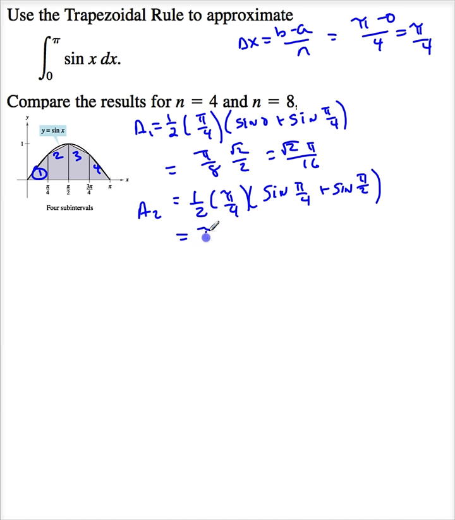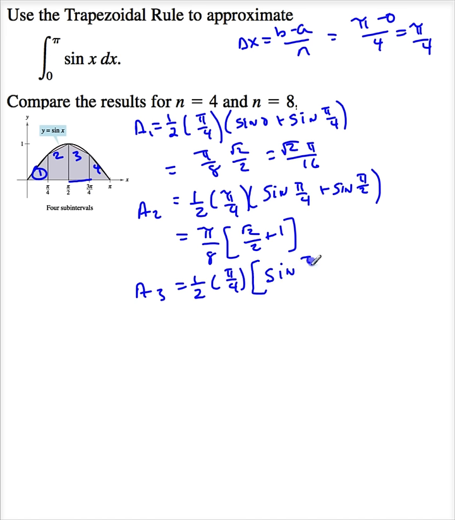So this is pi over 8, sine of pi over 4, square root of 2 over 2, and the sine of pi over 2 is 1. And I'm going to leave it like this. A3 is 1/2 times pi over 4, because that's my base, times sine of pi over 2 plus sine of 3 pi over 4.